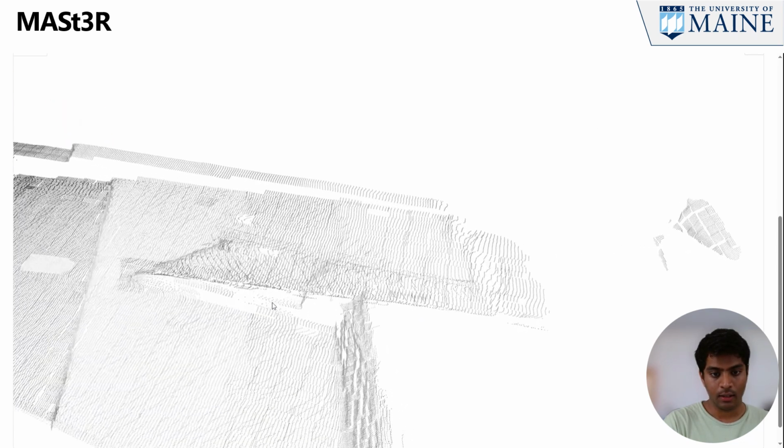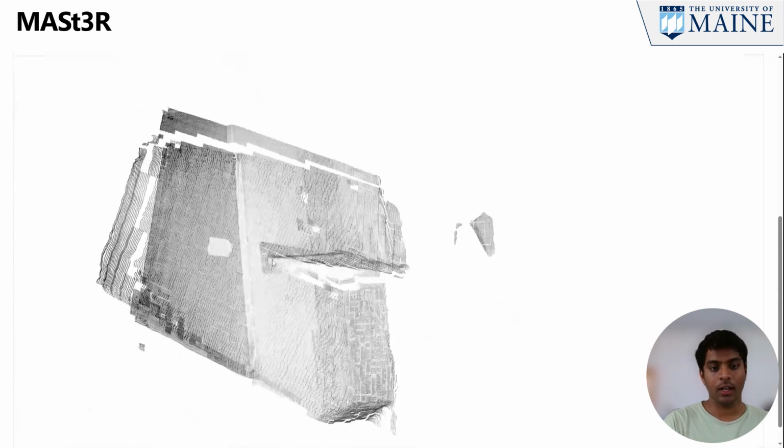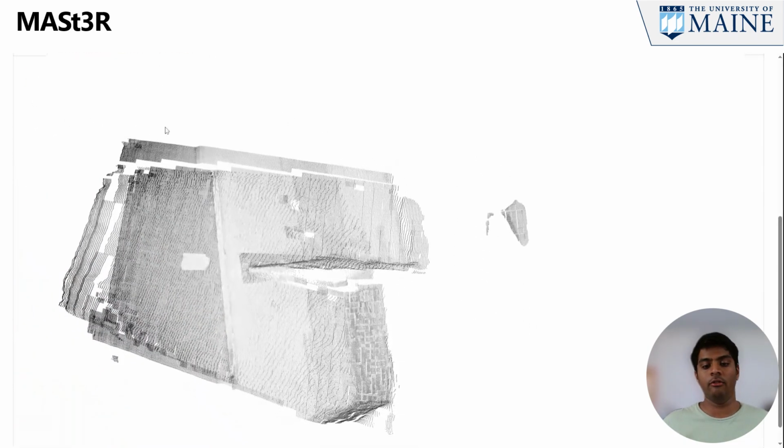As you can see, it did a pretty good job of getting the point cloud. Again, I would like to remind you, these are without intrinsics and extrinsics. We are asking the algorithm to predict the intrinsics and the extrinsics, and also the point cloud. I think this is a pretty good result.